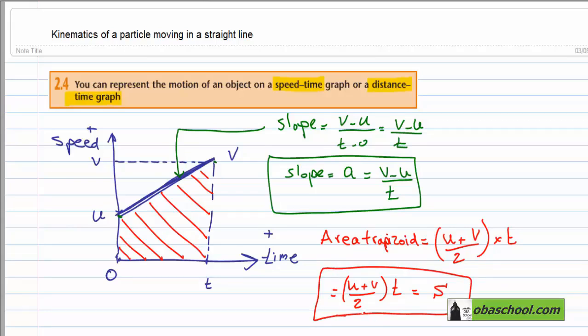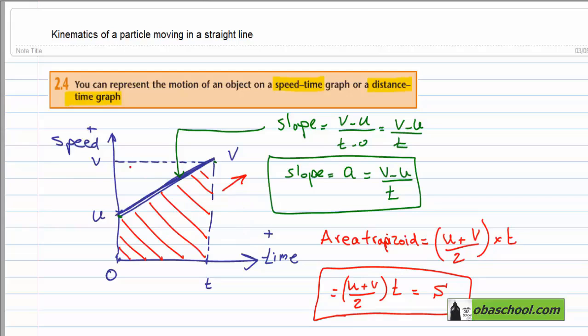Now to recap, whenever we have a speed-time or a velocity-time graph, we can find the initial velocity at time t equals 0, and we can find the final velocity at time t, and we can determine whether the object is accelerating or decelerating. So pay attention that if the speed-time graph is an ascending straight line, then its slope is positive.